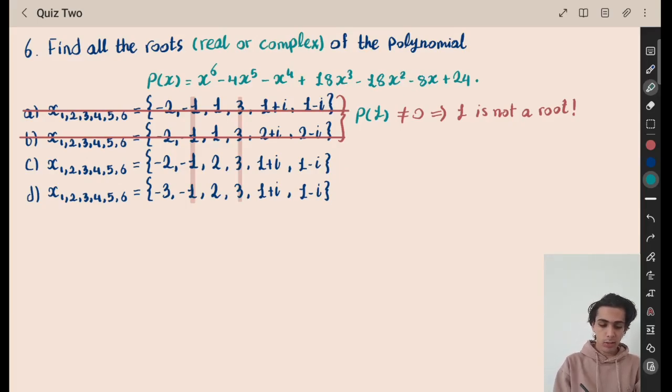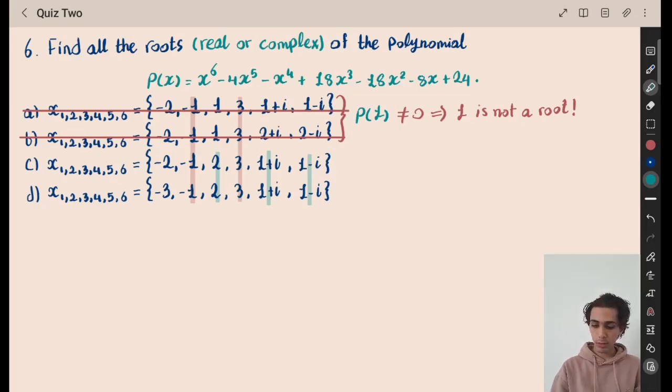So here, for these 2 choices, 2 is also a root, so it's not really that useful. Same thing for 1 plus i, same thing for 1 minus i. So the only thing that can really differentiate between the 2 is that either -2 or -3 is a root. So one of the following is true, not both of them.